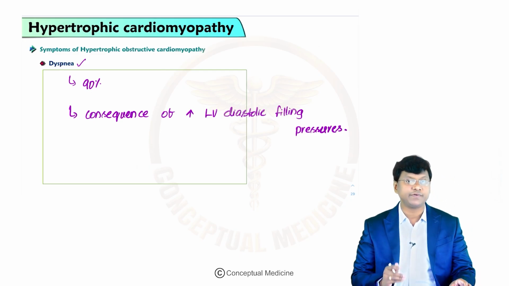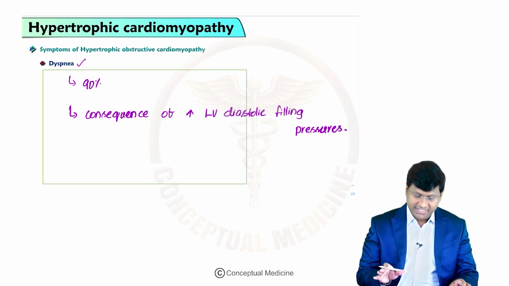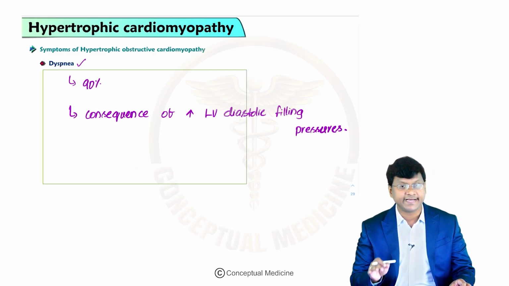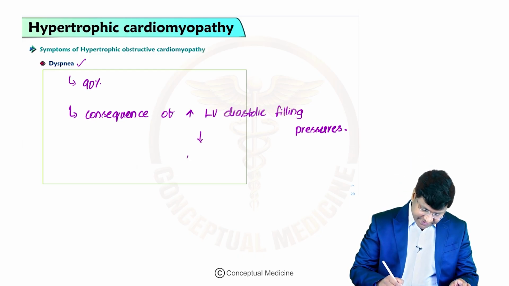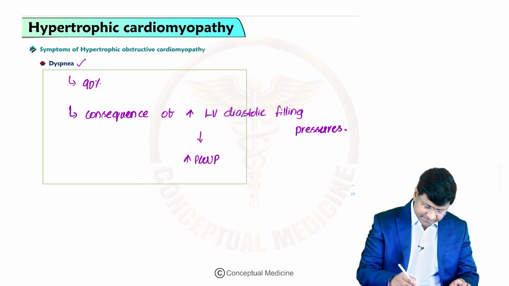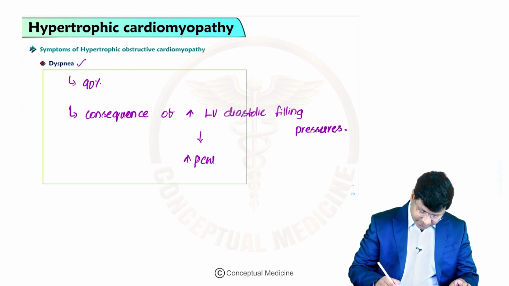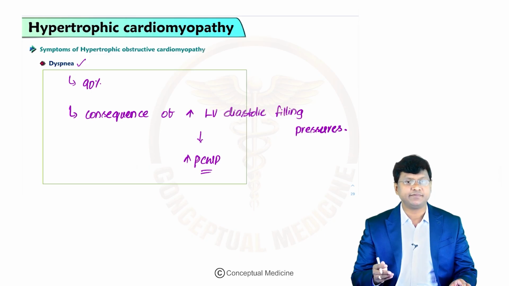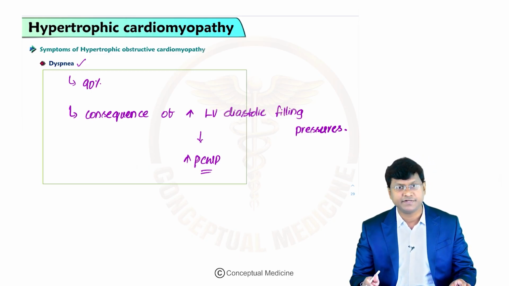Once there are elevated left ventricular diastolic filling pressures, there will be an increase in your left atrial pressure and an increase in your pulmonary venous pressure, and this will subsequently cause an increase in the pulmonary capillary wedge pressure. Once there is increased pulmonary capillary wedge pressure, the individual can have interstitial edema and alveolar edema, due to which there will be development of dyspnea.